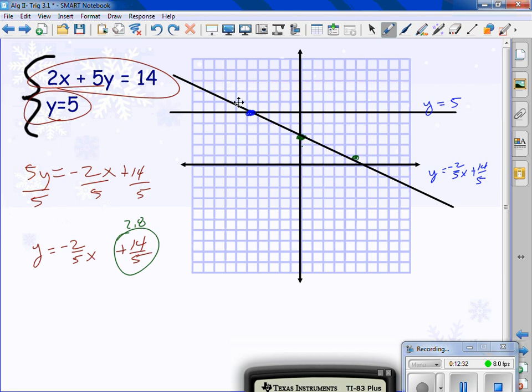So it intersects over here, my intersection point. They intersect up here. That's my first graph. That's my second graph. They intersect right here, which is 1, 2, 3, 4, maybe almost 5. So I'll say negative 5. 1, 2, 3, 4, 5. So negative 5, 5.